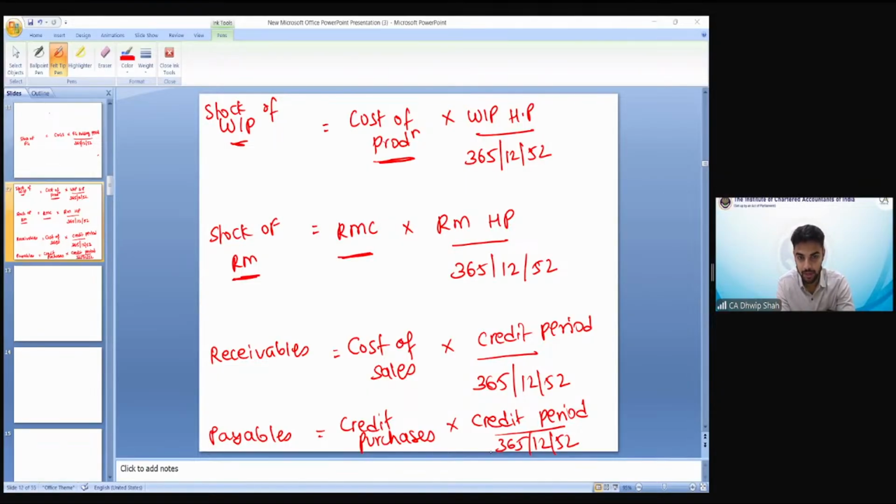Illustration number 3, page number 25. Everyone, in the meanwhile, please open page number 25, illustration number 3.